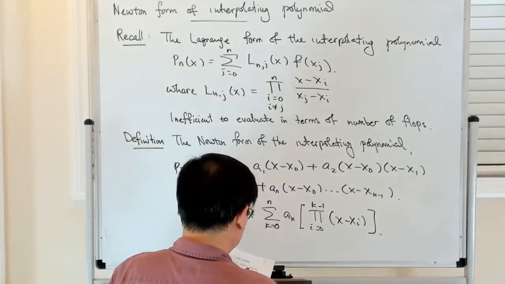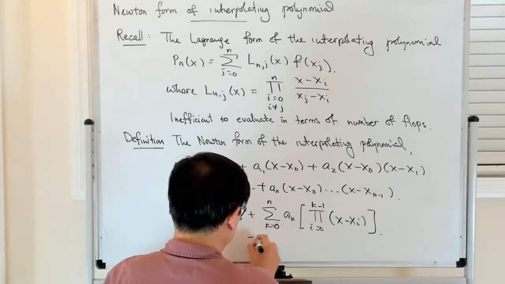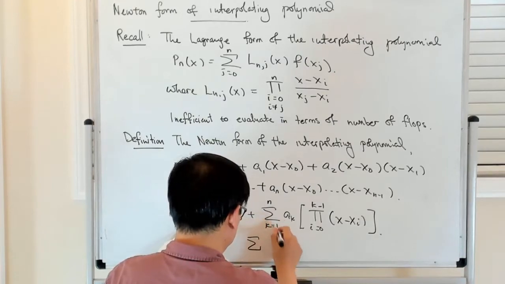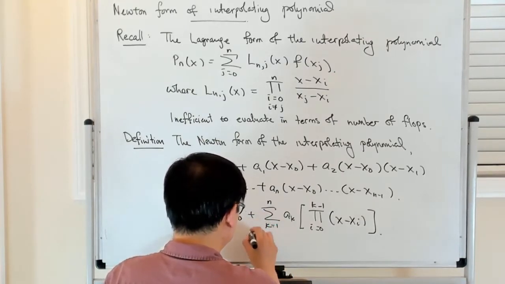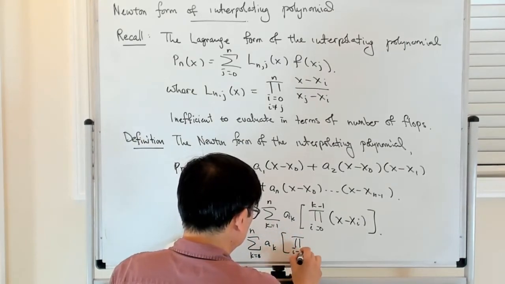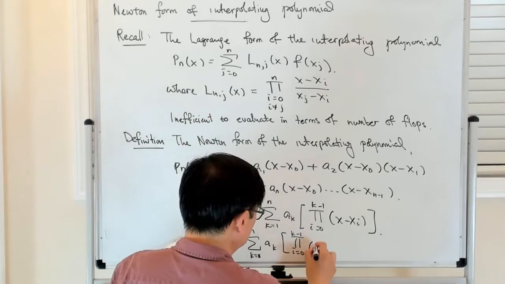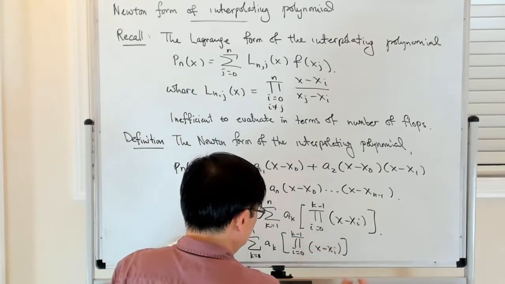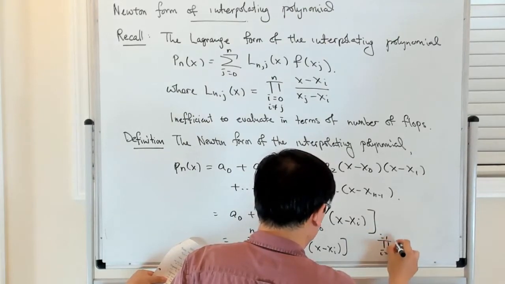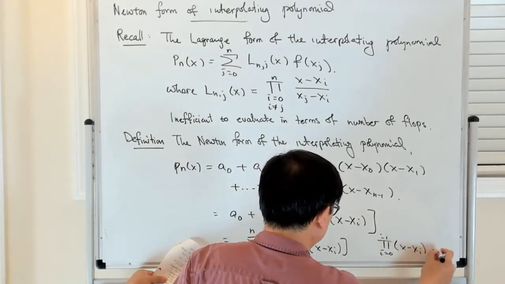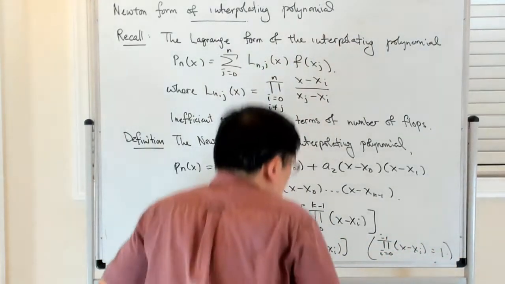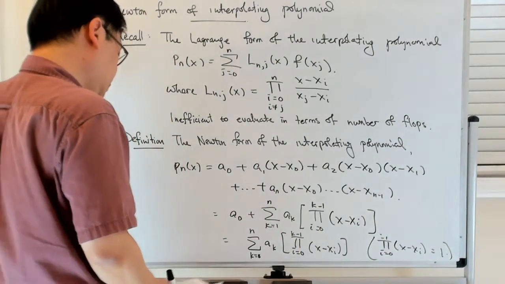So I can sum from k equals 0 to n of ak times this product, as long as you know that the product from i equals 0 to minus 1 of (x minus xi) is just 1.